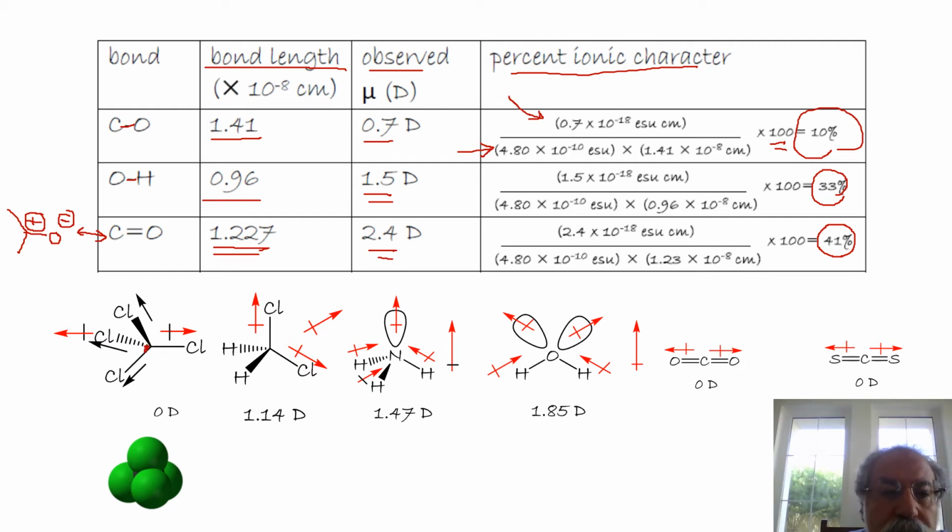Carbon tetrachloride, or tetrachloromethane, has a dipole moment equal to 0. Why?